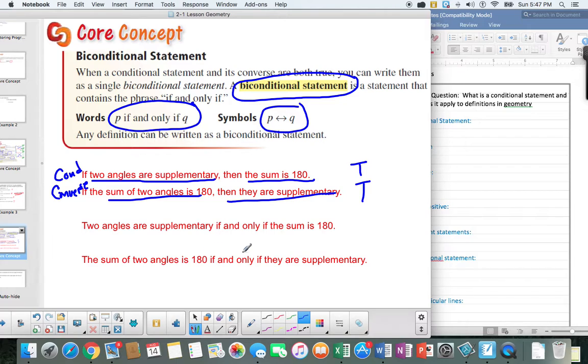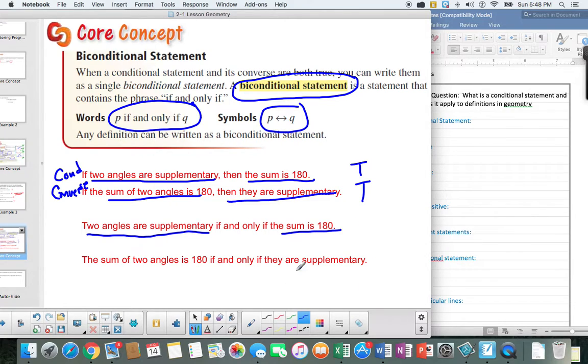Now when we have this, we can merge these two sentences into one. What we do is we take one phrase and put it in the front and one phrase in the back, and then we join them together with the phrase if and only if. Now this is a good way to write a biconditional.